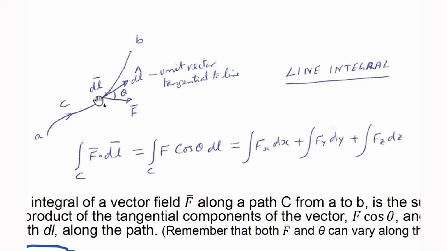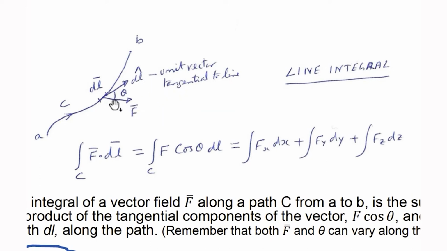and a small section of this path, which can be indicated as a vector dl. The direction of this path is tangential to the small section dl, and that is indicated by a unit vector, and a hat symbol is shown for the unit vector.